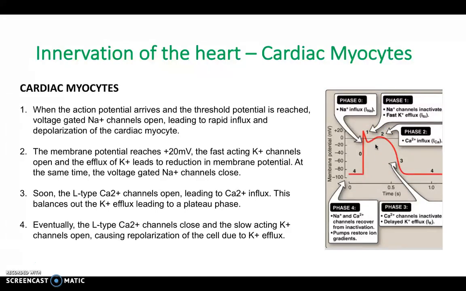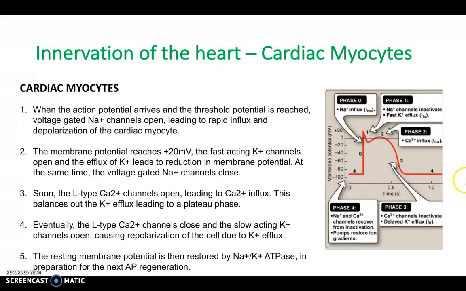Finally, in stage 3, these calcium channels close and the slow-acting potassium channels open, which causes repolarization of the cell. The resting membrane potential is then restored by the sodium-potassium ATPase in preparation for the next action potential generation.